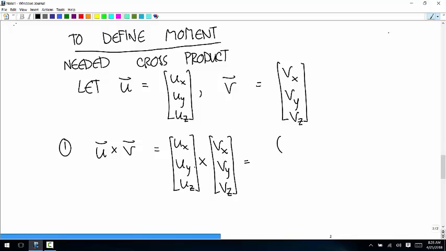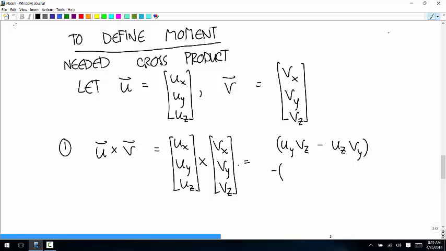Okay, so for the x component, you cover the top row and then go diagonally this way minus diagonally this way. So uy times vz minus uz times vy. Then for the y component, we're going to take the negative of this, but we do the same thing.